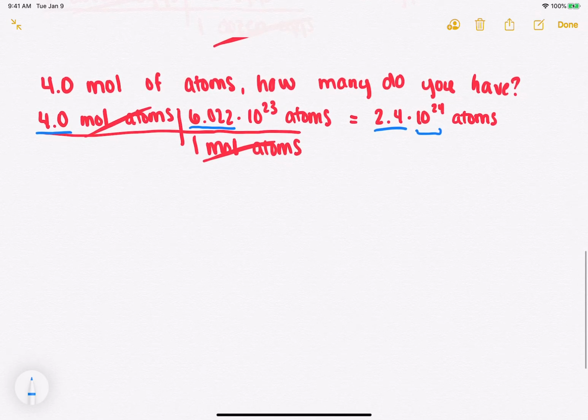So now that we've learned how to use the mole to figure out the number of atoms in 1 mole, or in a certain number of moles, this leads into a definition that we use all the time in chemistry, and that is molar mass.